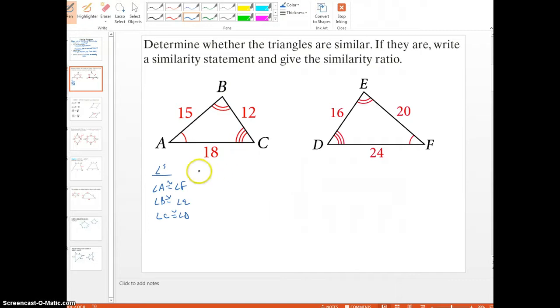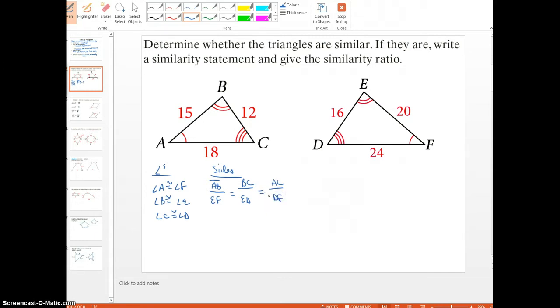So right now we're able to show corresponding angles congruent, so we know it has the same shape. But now we have to look at the sides and determine if the sides are proportional. So what we do is we match them up. AB corresponds to, actually, it corresponds to EF. So AB to EF equals BC to ED, which equals AC to DF.